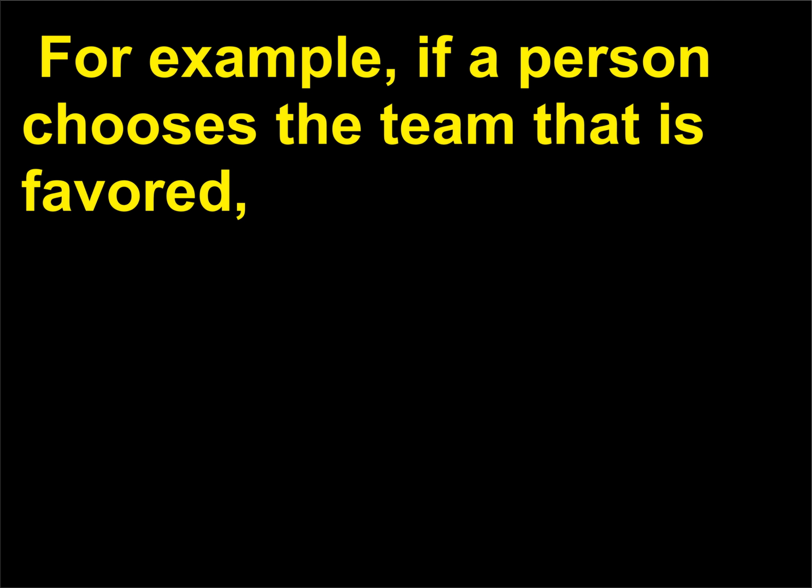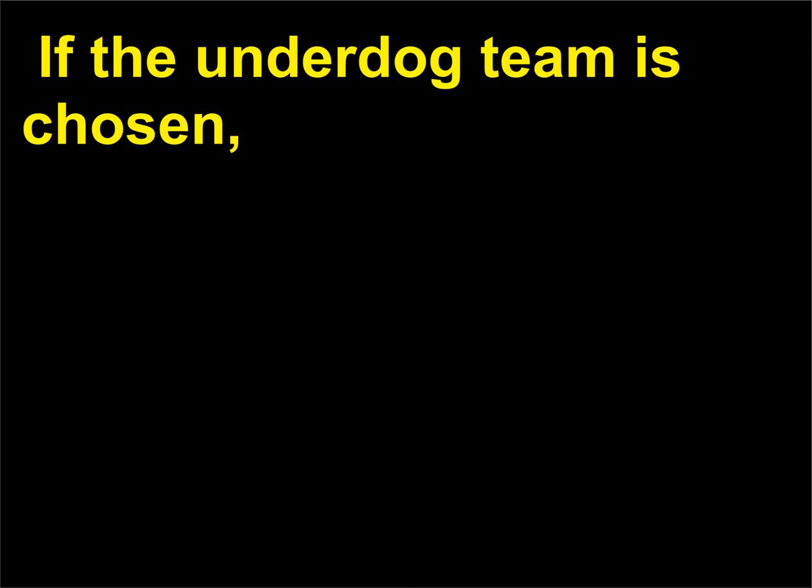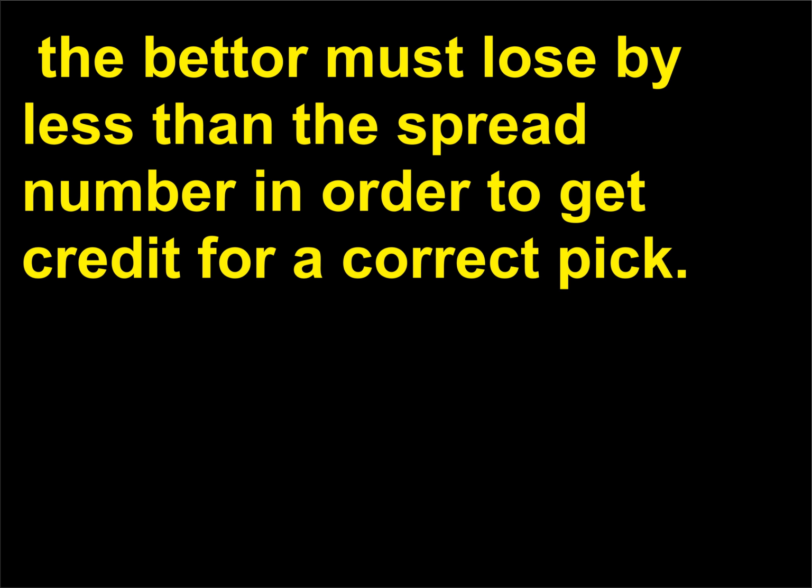For example, if a person chooses the team that is favored, the gambler has to win by more than the point spread in order to get credit for a correct pick. If the underdog team is chosen, the bettor must lose by less than the spread number in order to get credit for a correct pick.